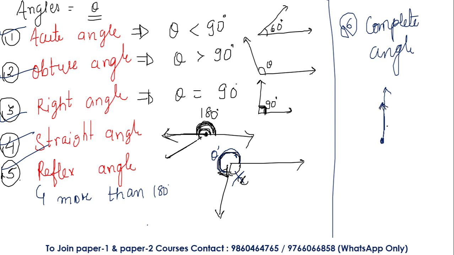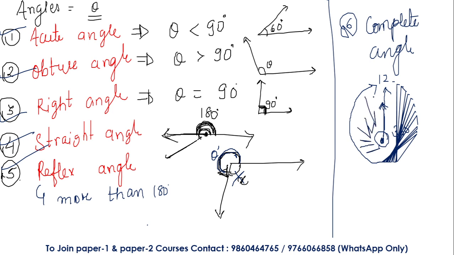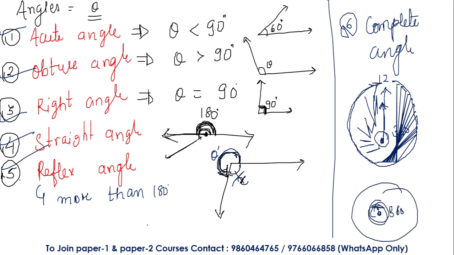So the angle that is formed between both is 360 degrees, or we can say whenever a minute hand is moving from 12 and coming back to 12 in such a way, this particular rotation of the minute hand is considered to be 360 degrees. This is the complete angle, or the whole angle, we can say.